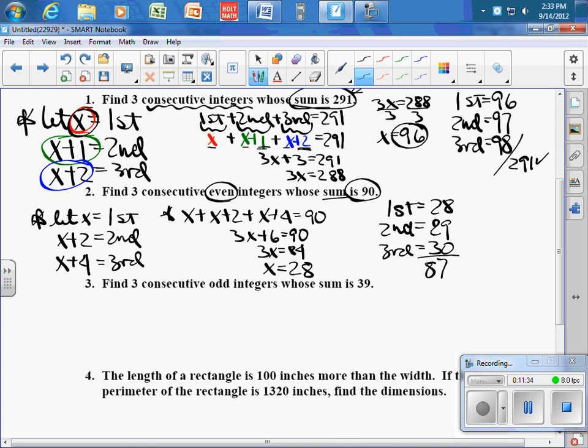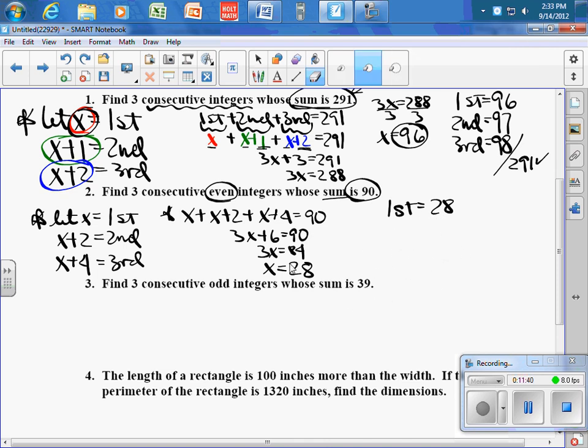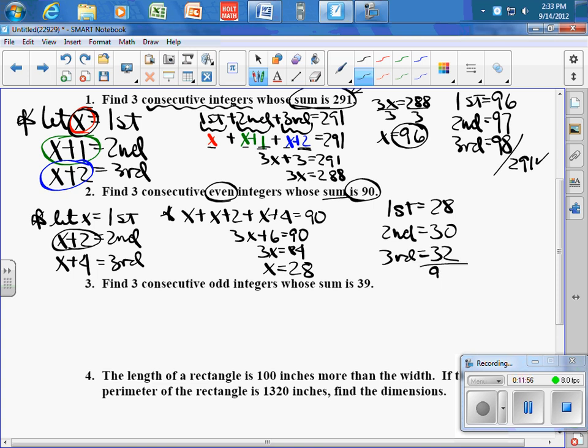So somewhere we made a mistake, and we'd have to go back and verify everything we did. I solved the equation correctly, but I forgot that we had to add 2 because we're talking about consecutive evens. So my second one would be 2 more than 28, which is 30. 2 more than that would be 32. When I add those up, I get 90, and I have the correct answer.